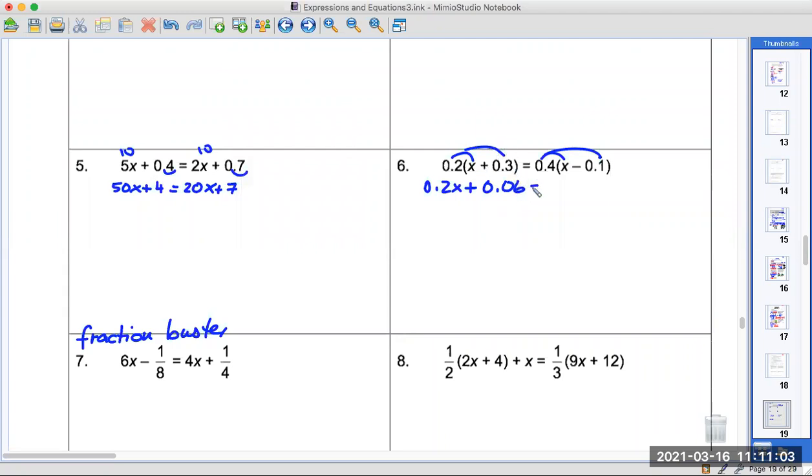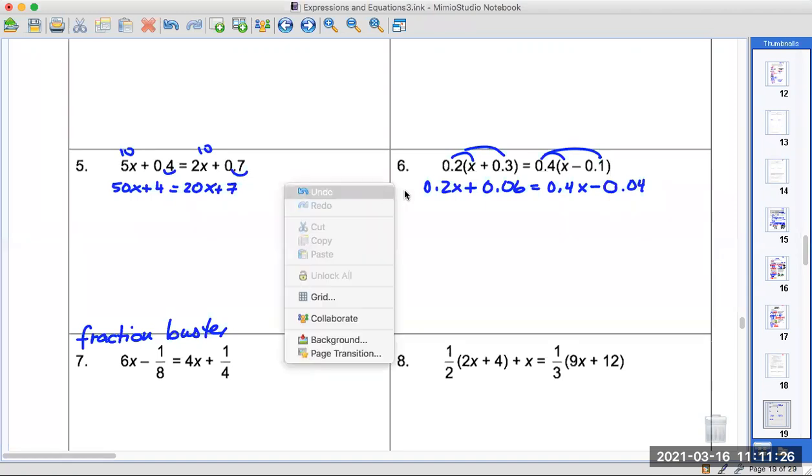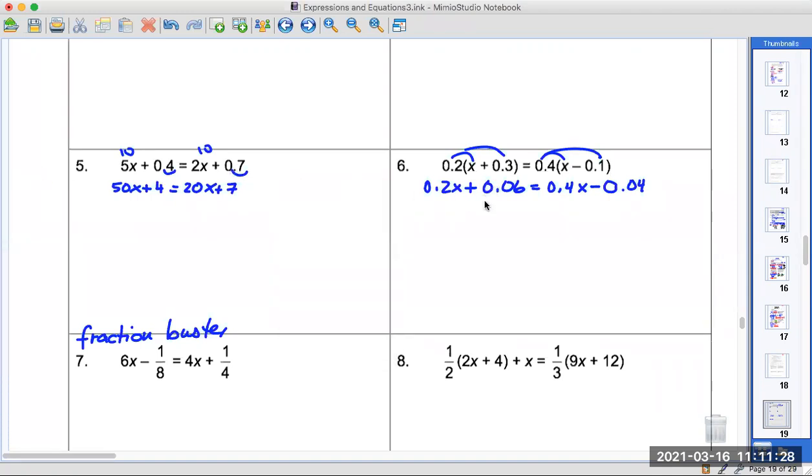Not 0.6, don't be hasty. Minus, this would probably be 0.04. Yep. Okay, now if you want to just continue with your calculator and solve that, that's fine.